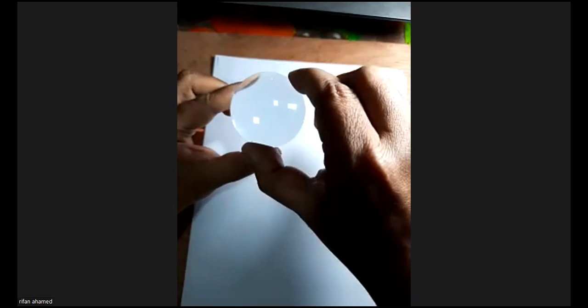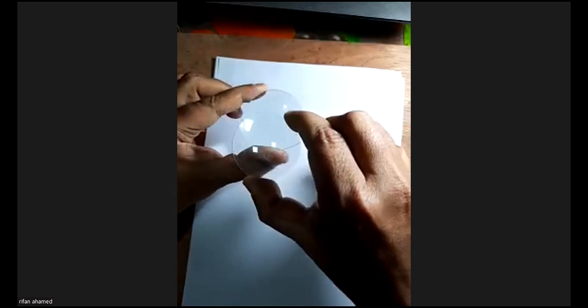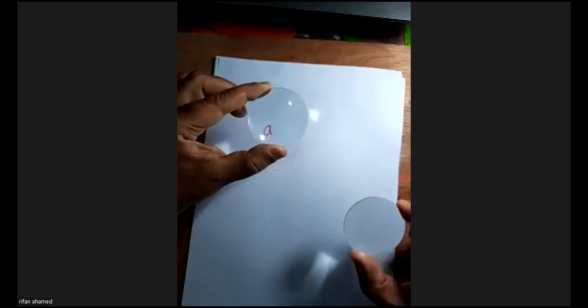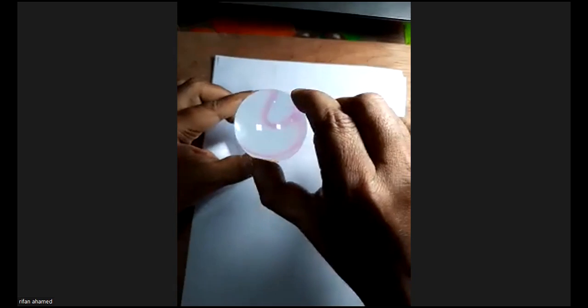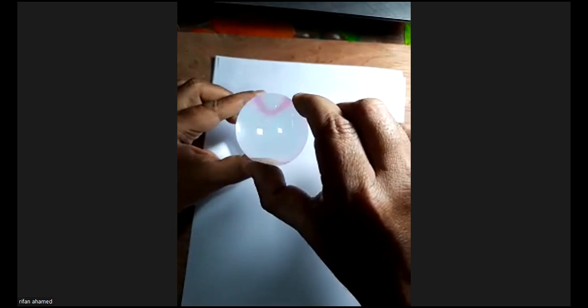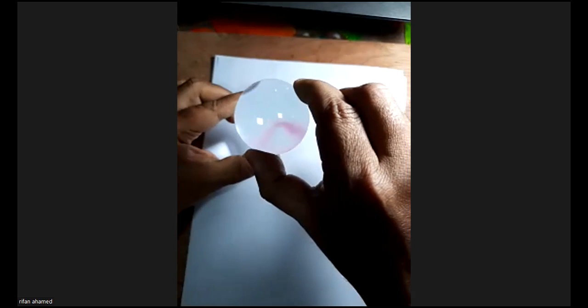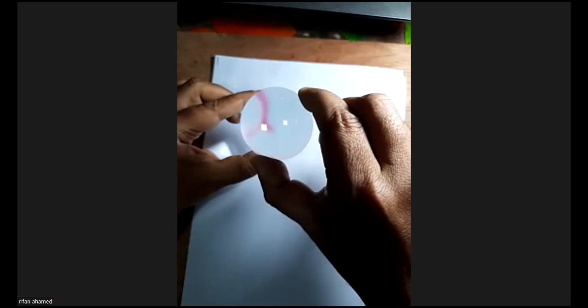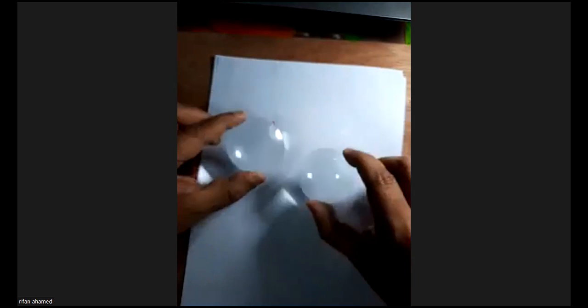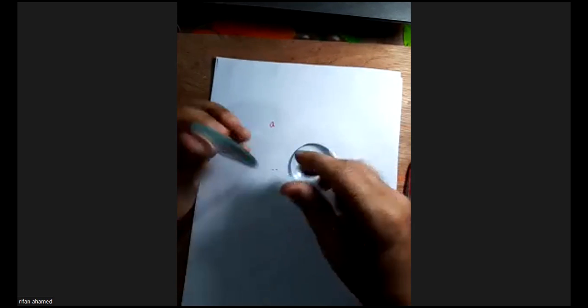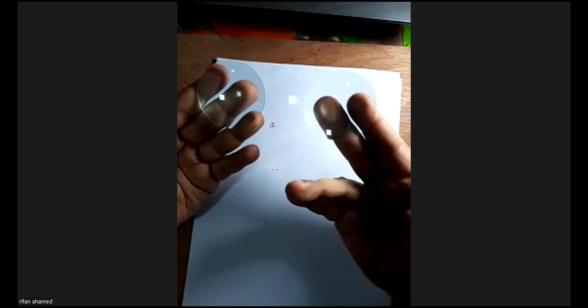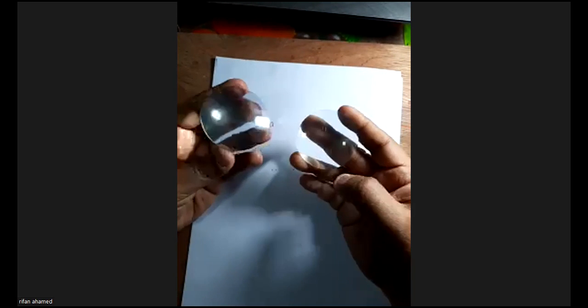If I use another one, where is the A? First, I have to get the A. Very difficult to position it. Now see the A. More bigger.